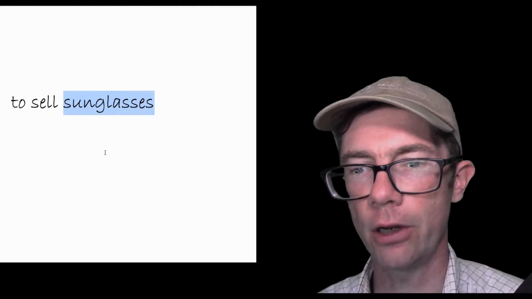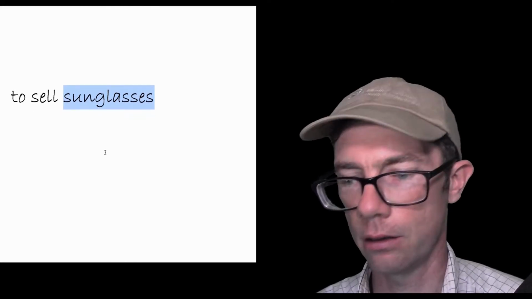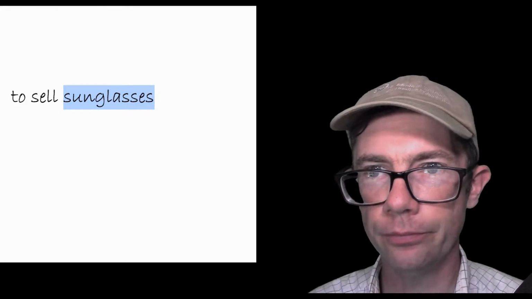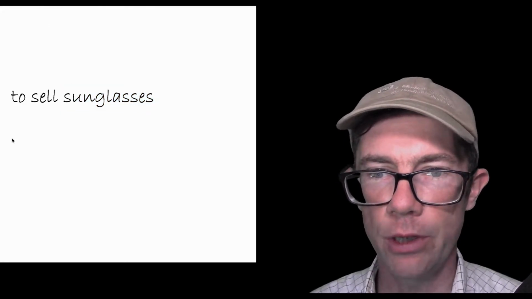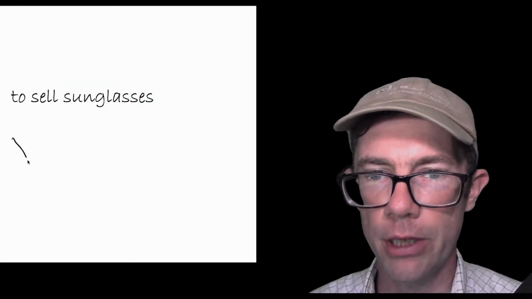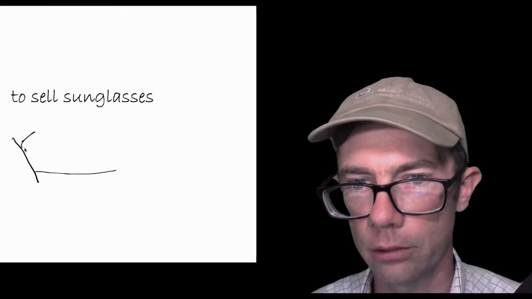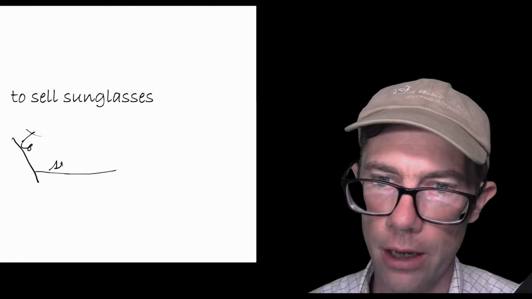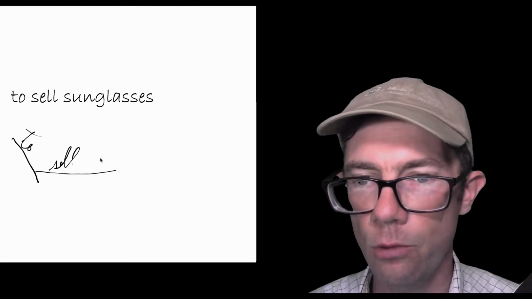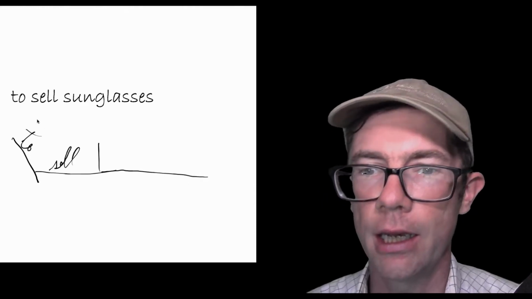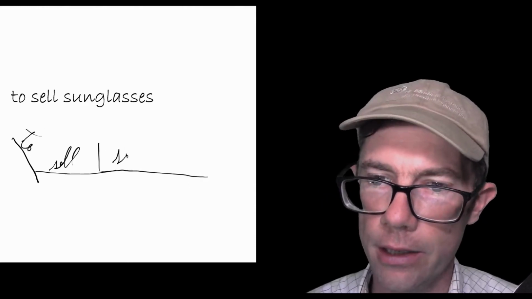So let's have a look at how we might diagram that. Now, first of all, we diagram the infinitive as we would diagram a prepositional phrase. To sell. And then we ask, to sell what? We draw a line like the direct object line. To sell sunglasses.